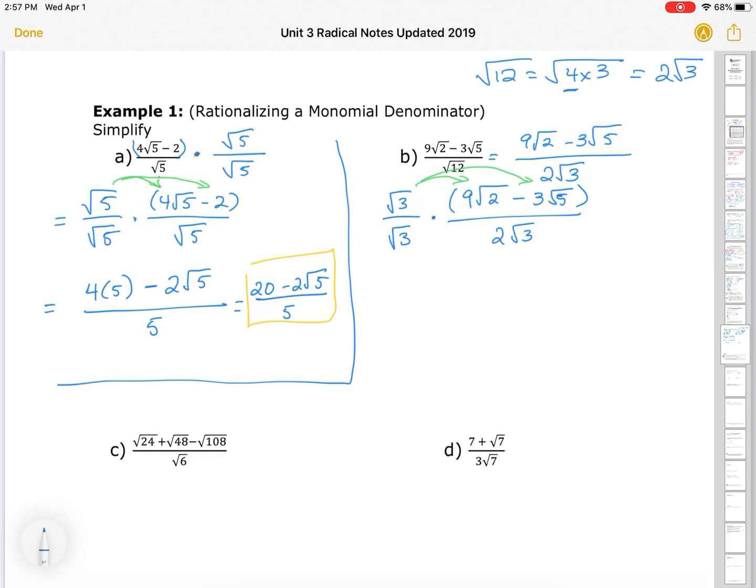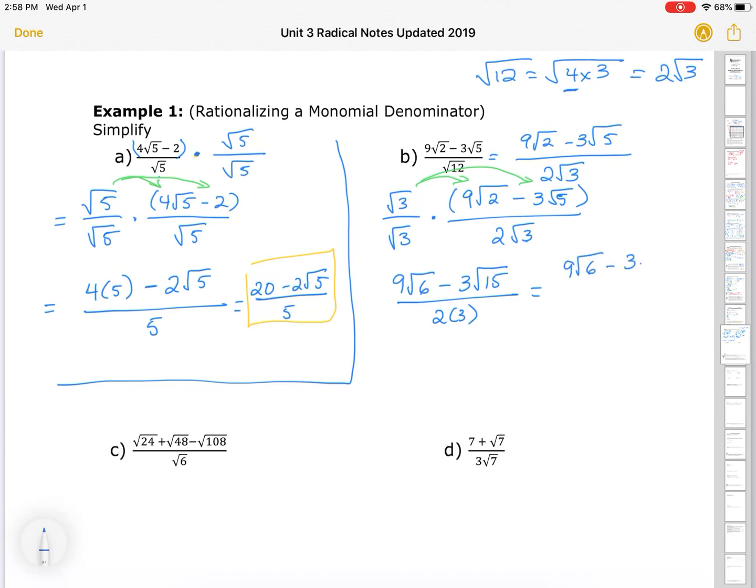And I'm going to just draw a line here so we can see the differentiation. So I multiply coefficient by coefficient and radicand by radicand. So on the top I'll get 9 root 6 minus 3 root 15. And on the bottom I'll get 2 times 3, because root 3 times root 3 is equal to 3.